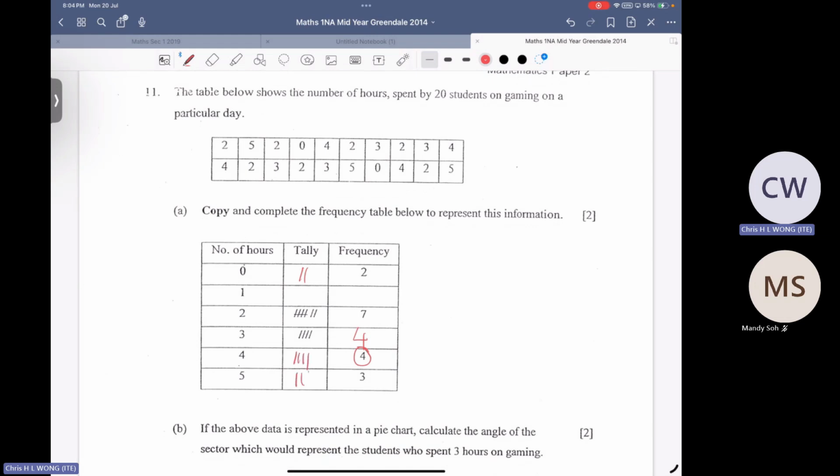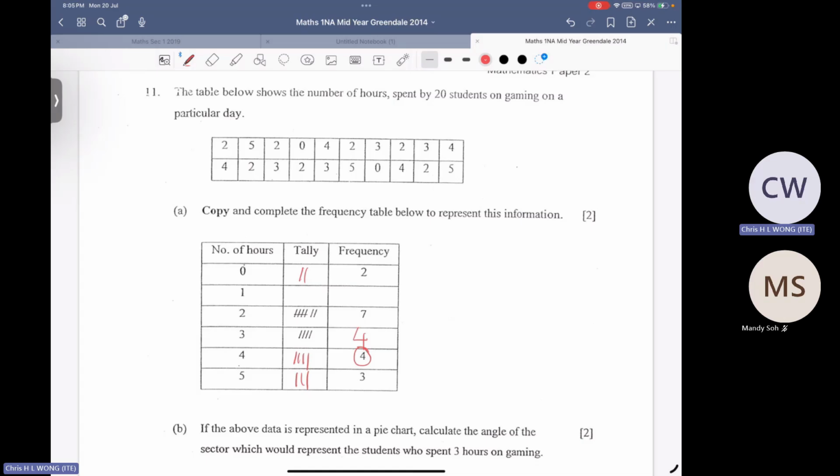Then for 5 hours, 1, 2, 3. So that's the answer. Easy, right? First part, easy. How many marks? 2 marks. See, that easy. You just make sure you do the right thing. You do the wrong thing, they will deduct you.